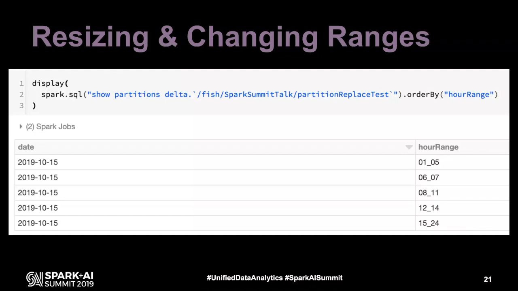So if I have these partitions to start with, and then maybe I need to add more data into them, I can add data to those partitions, but then reload them, resize everything and change the ranges. So here I have ranges going from 1 to 5, 6 to 7. I'm going to change these ranges in the next couple slides.